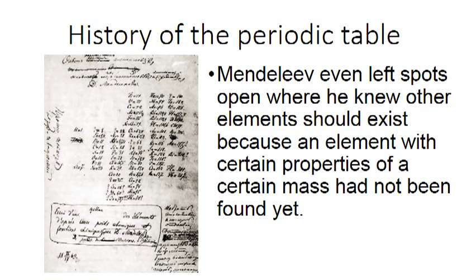So Mendeleev used his knowledge to create a periodic table, and he even left spots open where he knew other elements should exist because an element with certain properties of a certain mass had not been found yet.